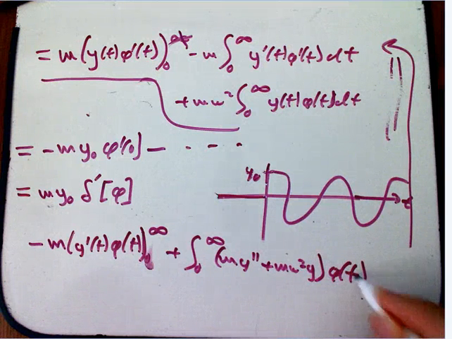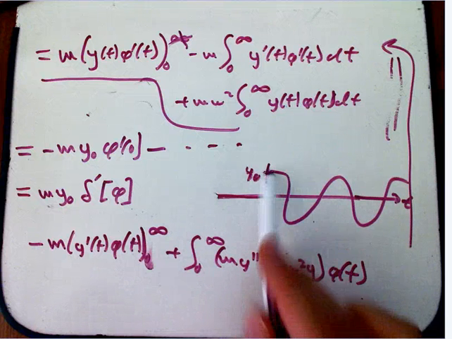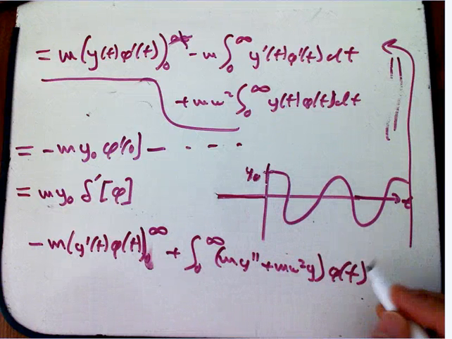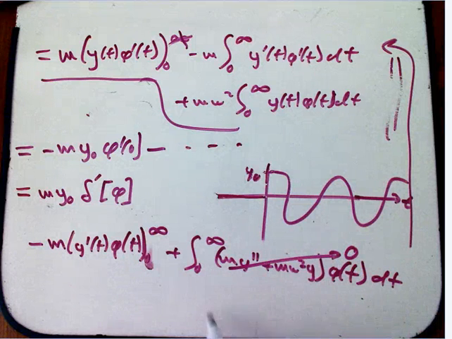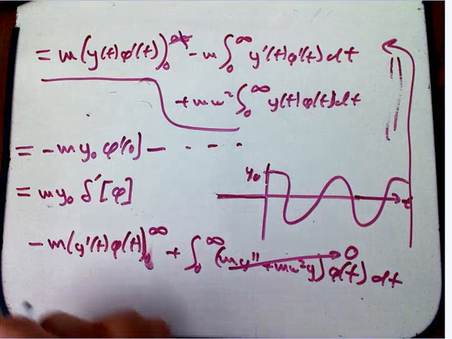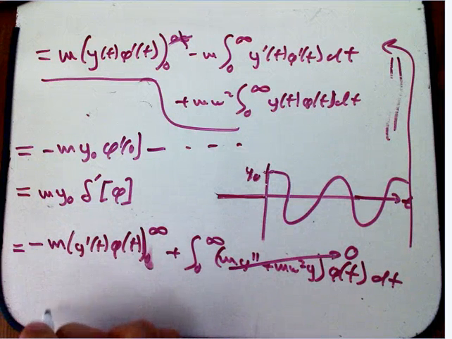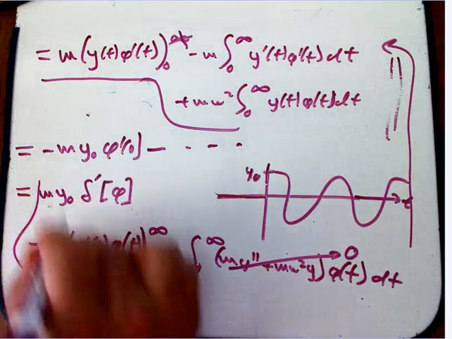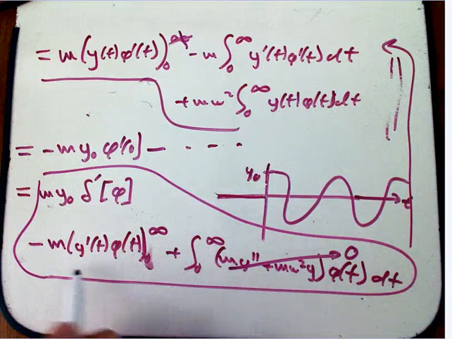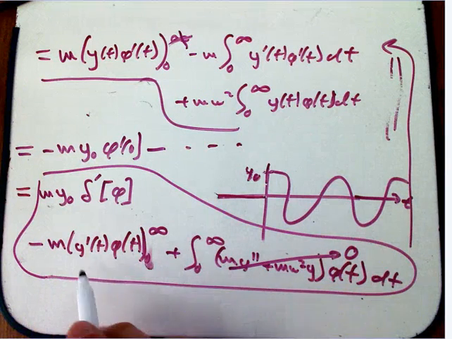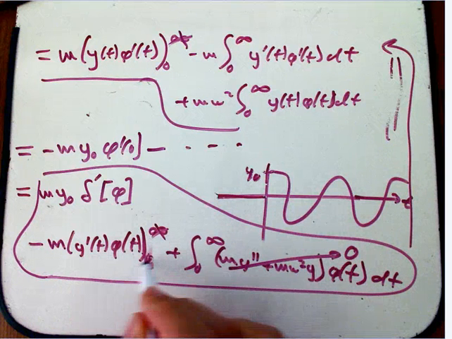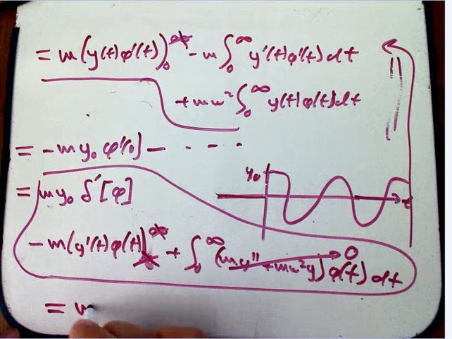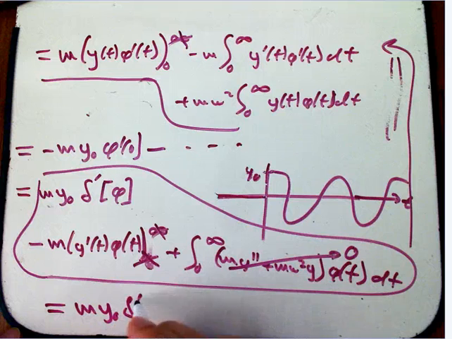The only forcing here is whatever funky distribution is doing this thing, and there's no other forcing. So this does vanish, unlike in the previous one where it was a big F, just for simplicity. And because I've been specializing to the case where y prime of 0 is 0, this always dies. And you just get m y naught delta prime on phi.